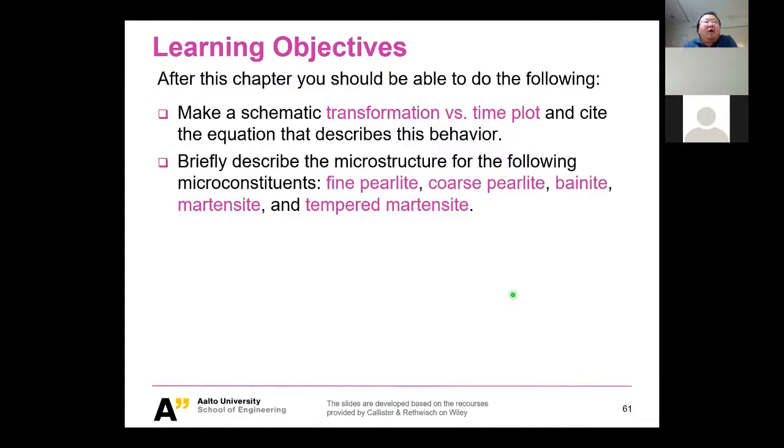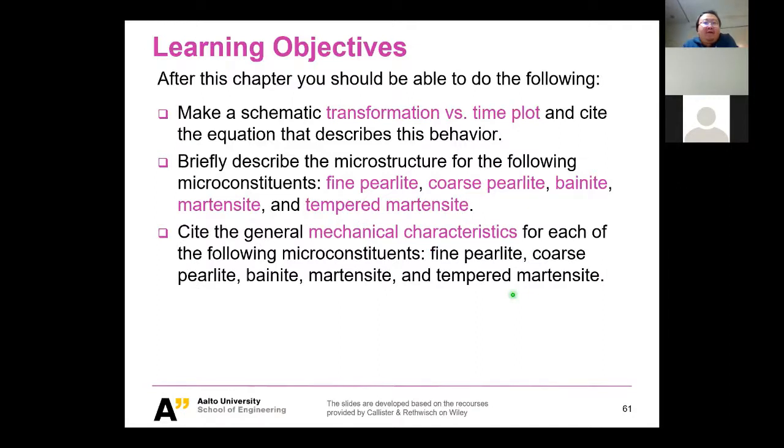And you will also be able to describe some microstructures. These microstructures are either produced in equilibrium or non-equilibrium. So they include fine pearlite, coarse pearlite, bainite, something you haven't heard, and martensite as well, and tempered martensite. So these are the new terms you're going to learn today.